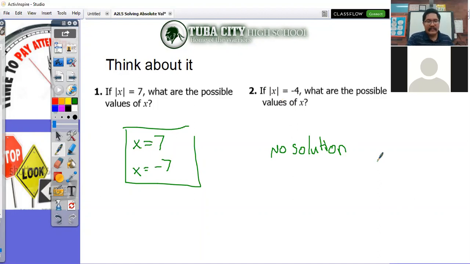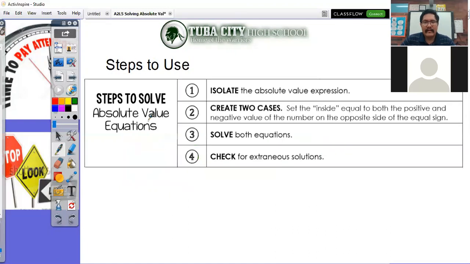So when we go through some of these examples, keep in mind that some of these will have no solution. Or if you remember, there was another thing when we were working on radical equations. I'll talk about that in just a bit, because we've been working on radical equations for the first 2 weeks of the class.